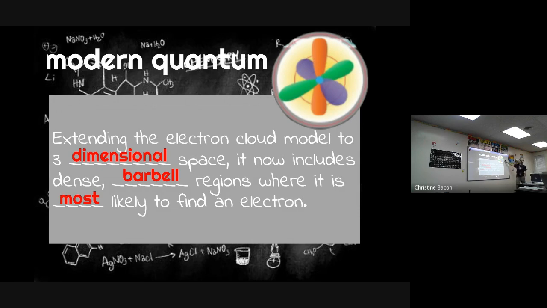Okay, modern quantum looks like this, is all you really need to know. This is the most accurate view of what an atom looks like at this current time. But we know that models are always changing, always becoming more refined and more accurate. So just know that this isn't a permanent thing. I'm sure that advances in technology and experimentation will lead us to something that's more accurate than this. The more we discover, the more accurate it gets.